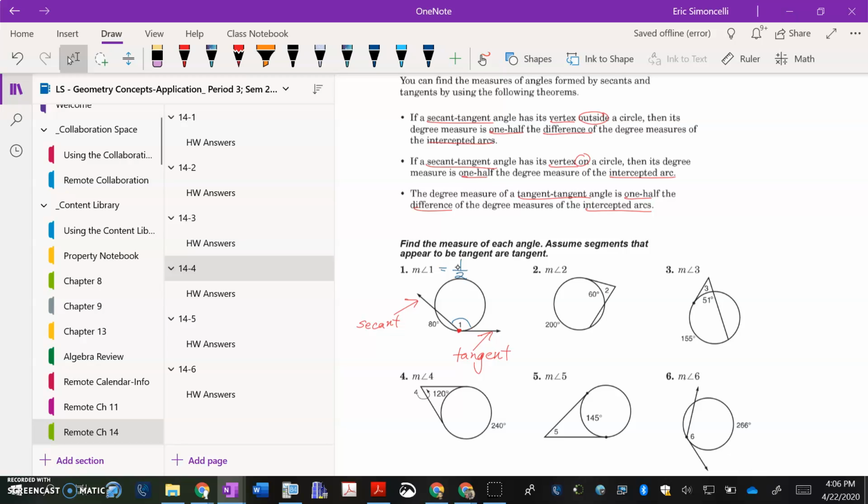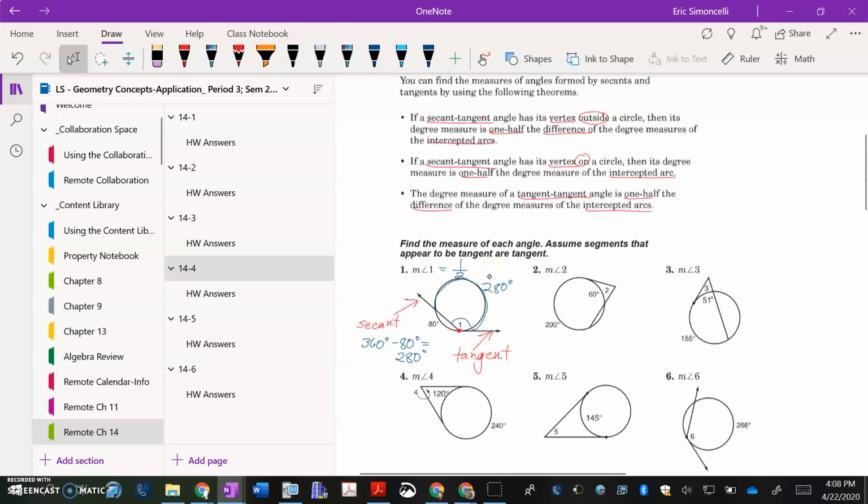And we've got to be careful here. 80 degrees is not the intercepted arc. The arc that results here is, if you think again about how the full degree value of a full circle can be applied in context, 360 degrees minus 80 degrees, which of course is 280 degrees.